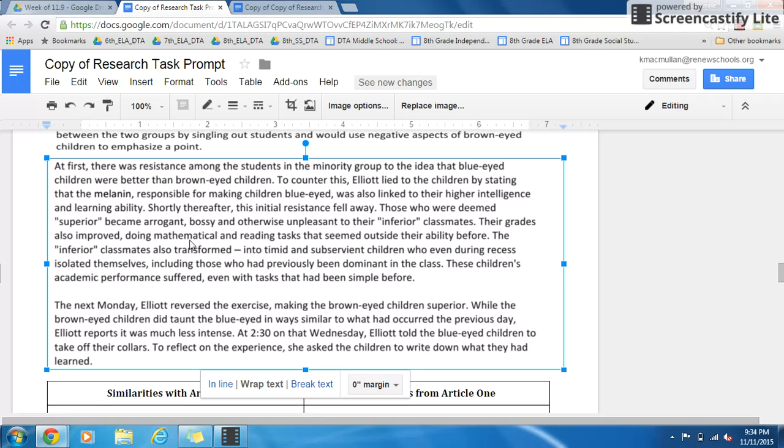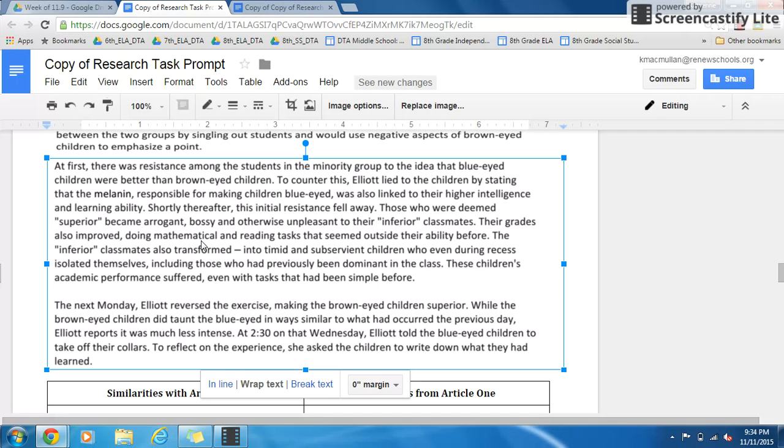So right here, our author is giving us the results of the experiment, or the side effects of this experiment. She's talking about how the brown-eyed children started off by saying that this wasn't fair, but she lied and said that blue eyes meant you were smarter. And once she said that and continued to treat the children differently, the blue-eyed children started to be bossy and mean to the brown-eyed children.